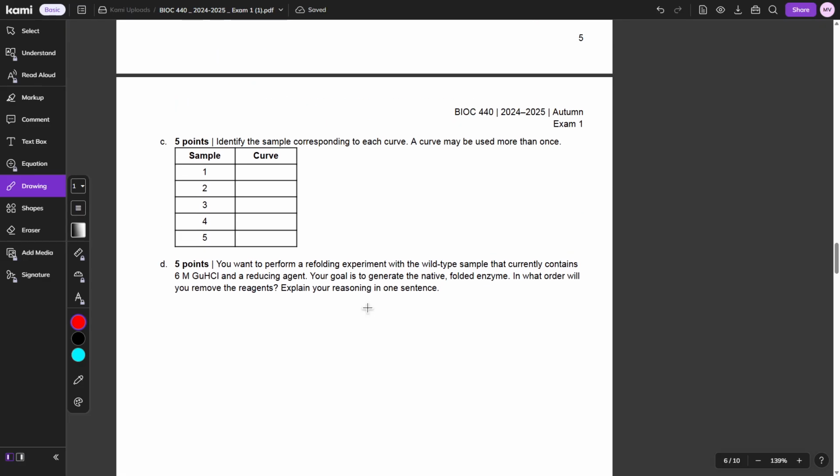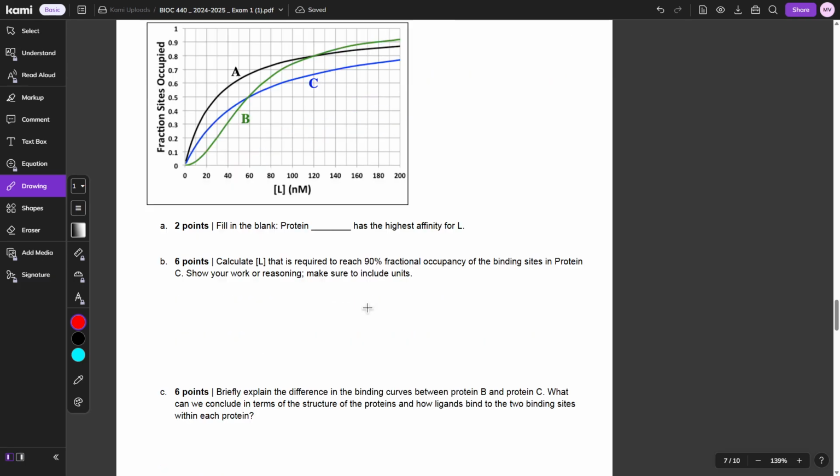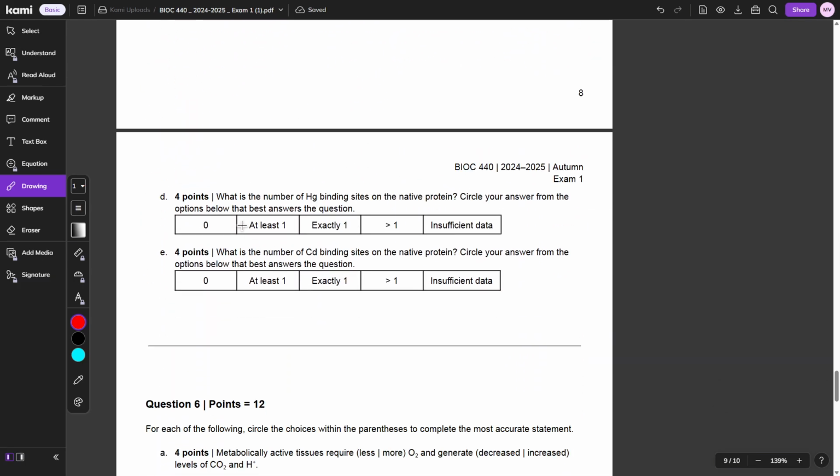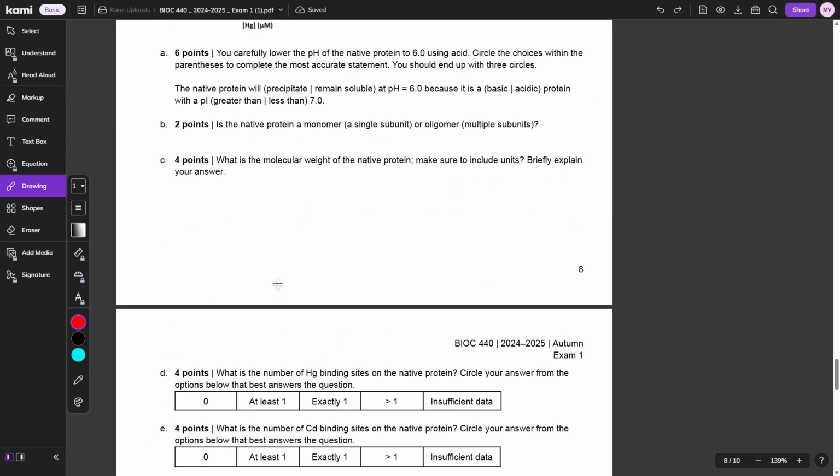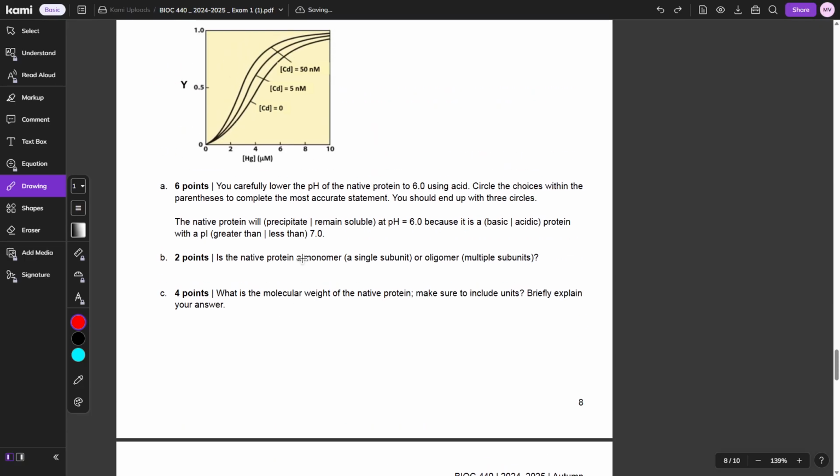Score? I got an 86. I missed these two 4-point questions, for really dumb reasons. So it would have been a 94 if I had. Yeah, this is my exam.